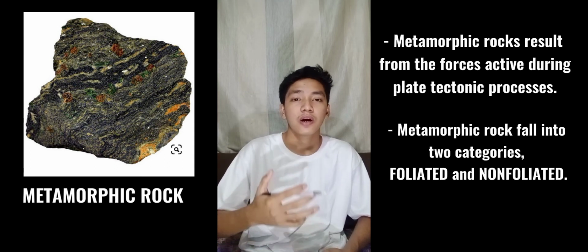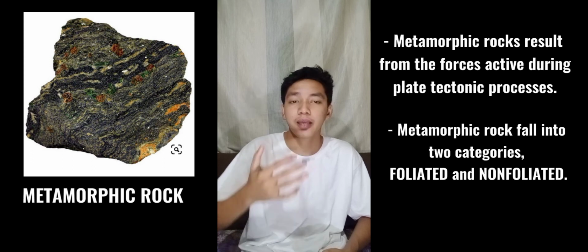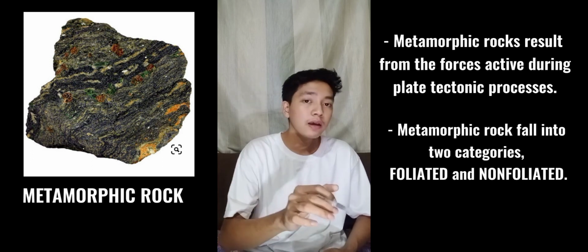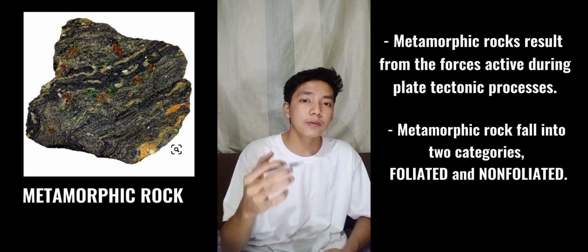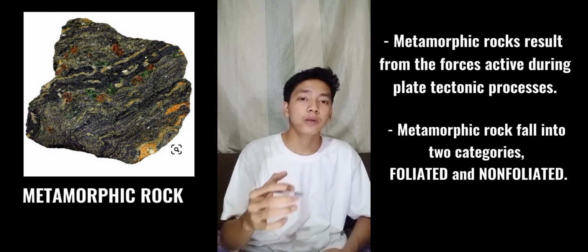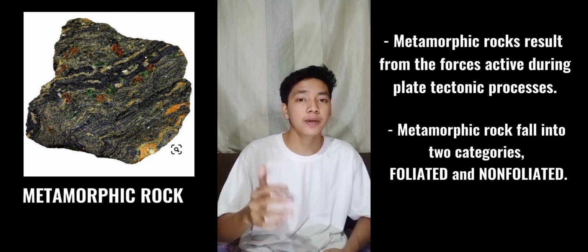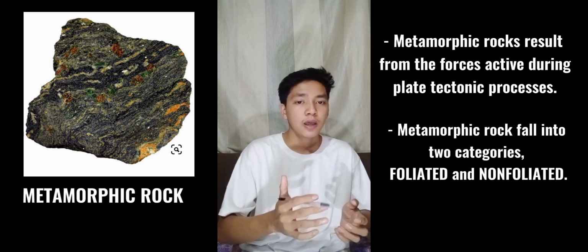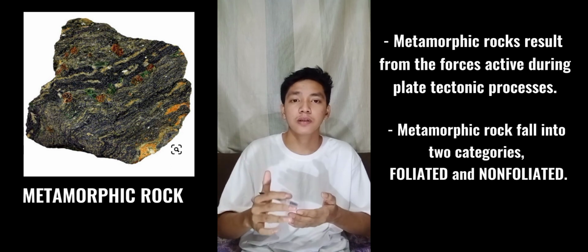Metamorphic rocks fall into two categories, foliated and non-foliated. Foliated metamorphic rocks are named for their style of foliation. We have four types of foliated: the slate, phyllite, schist, and gneiss.